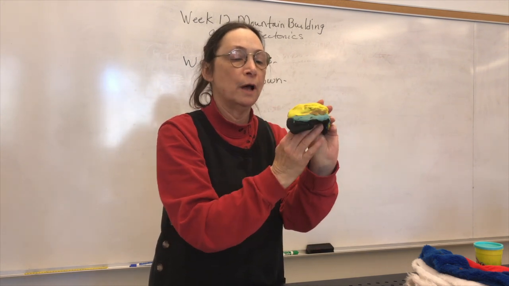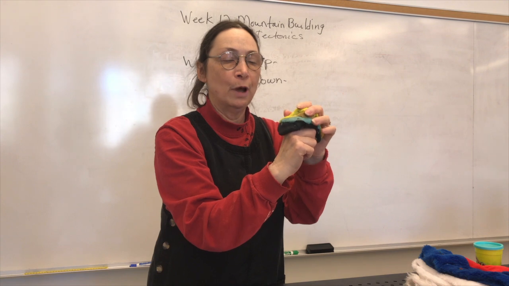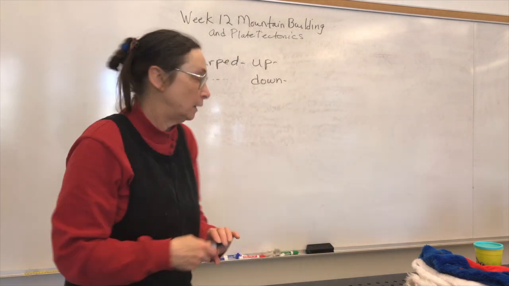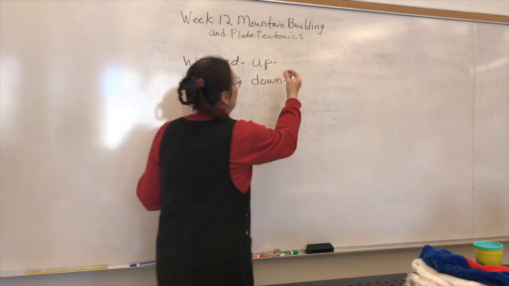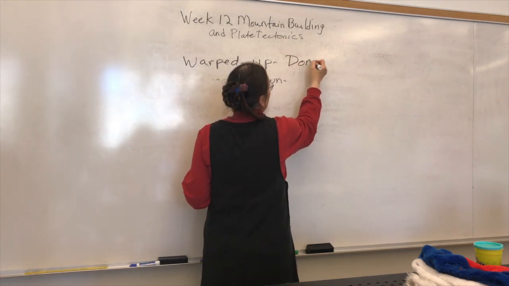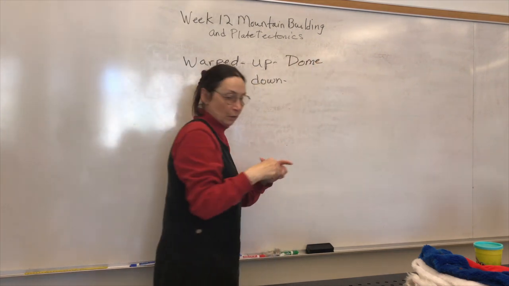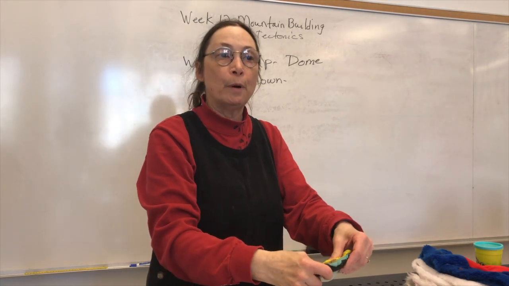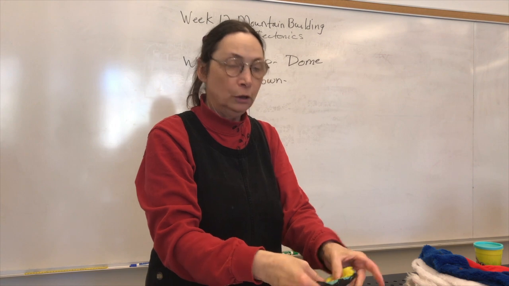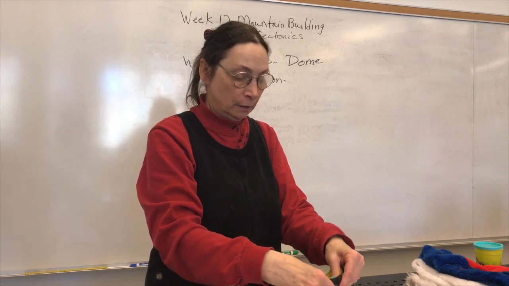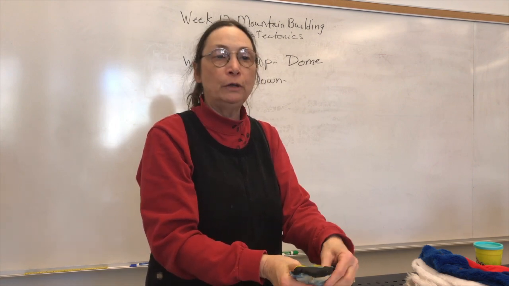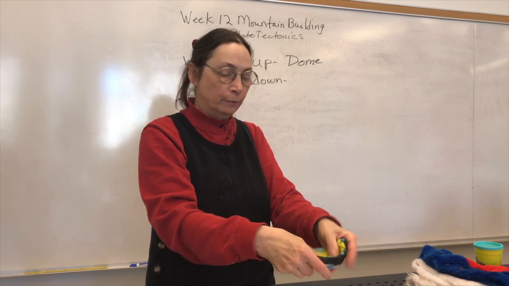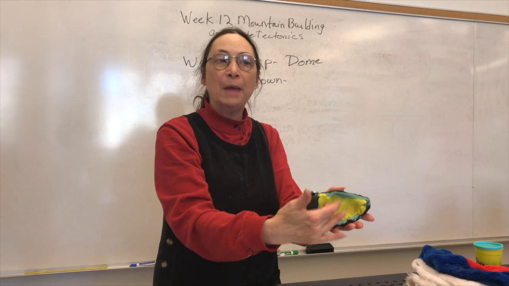The pressure is uplifting right from underneath. Similarly, if there was pressure from above, say a glacier, meteorite, avalanche, landslide, anything from above, you're going to end up with a basin.